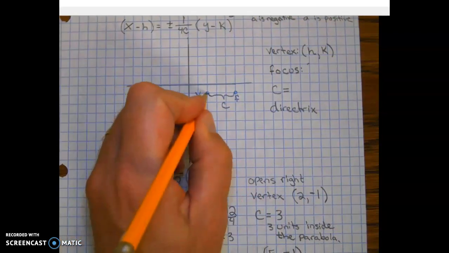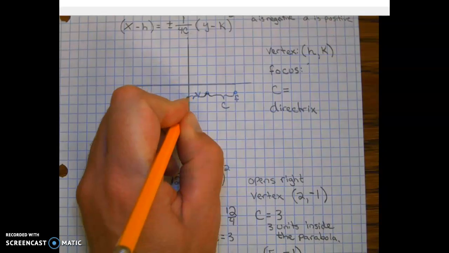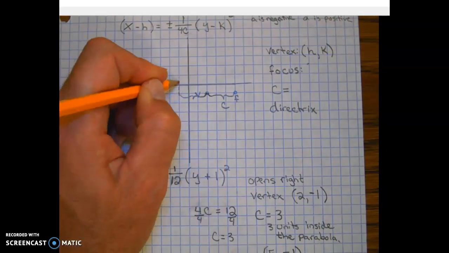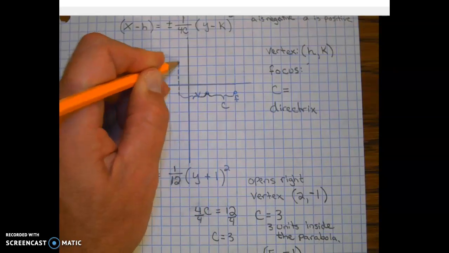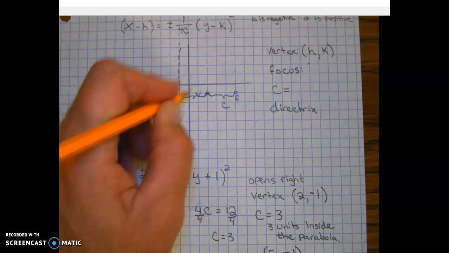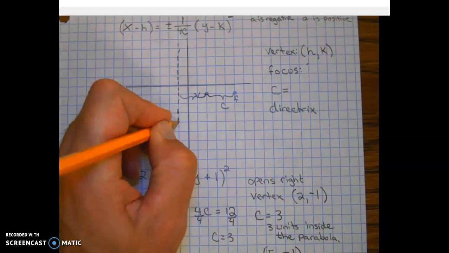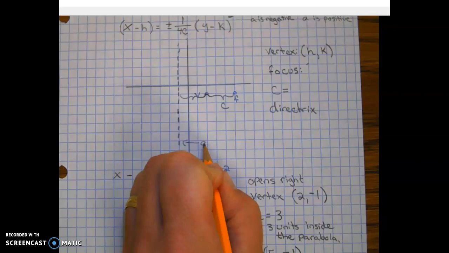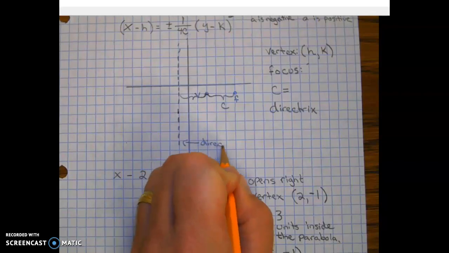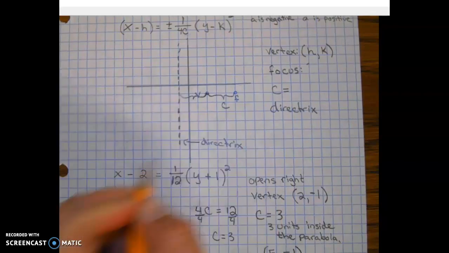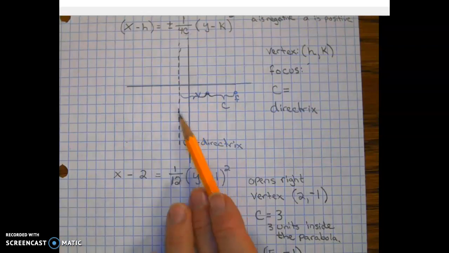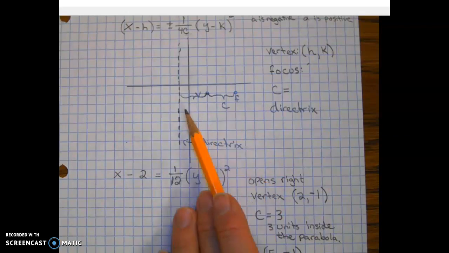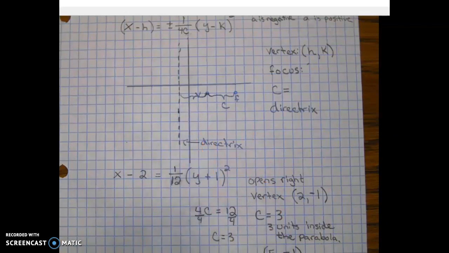If we go 3 units outside of our parabola, we will end up with the directrix. The directrix is going to be a dashed line, vertical for horizontal parabolas. This is our directrix. And I'll explain the meaning of the directrix and the focus in just a minute or two.